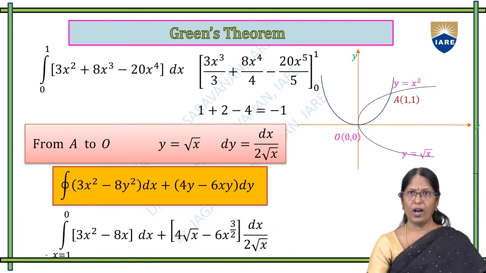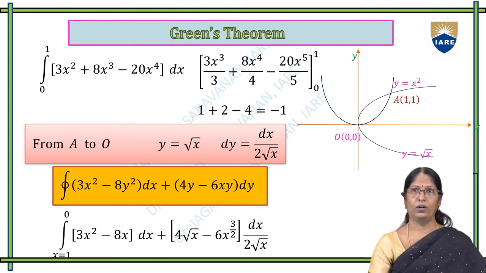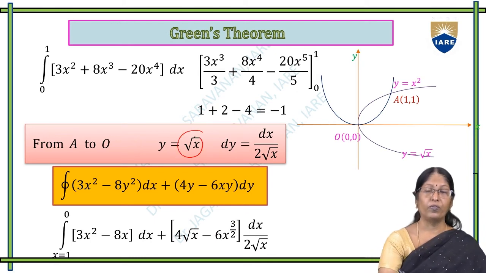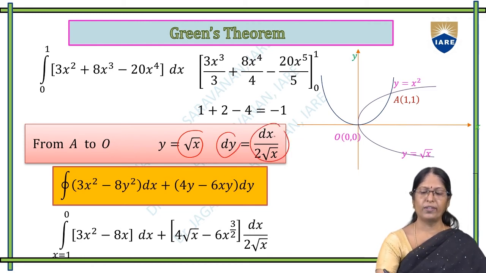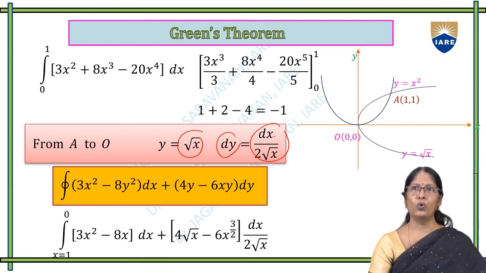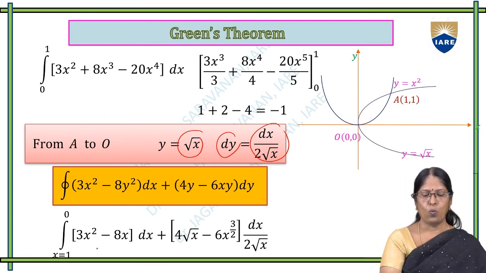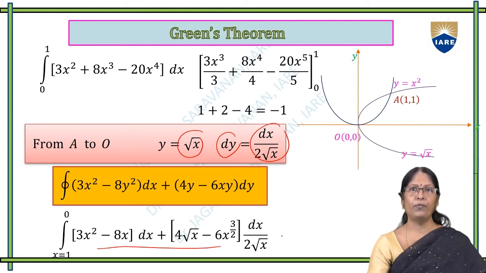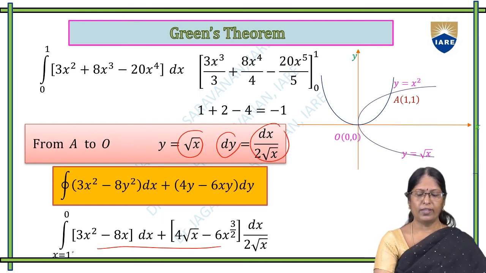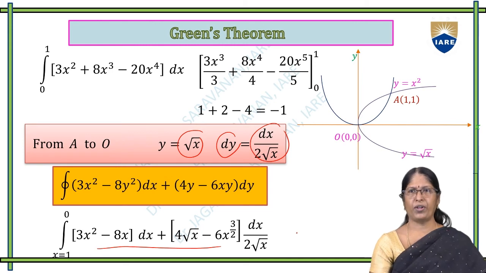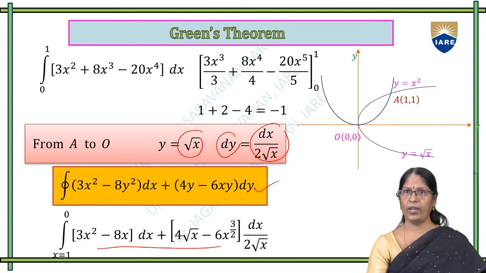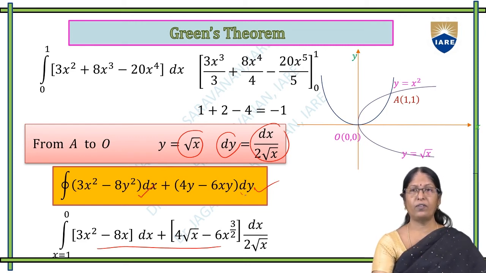So wherever y is there, this curve we replaced it. In the dy place we replaced dx by 2 root x. Now, what are the possibilities of simplification? And one more thing: the function was in two directions, in the xy plane, with respect to x and with respect to y.